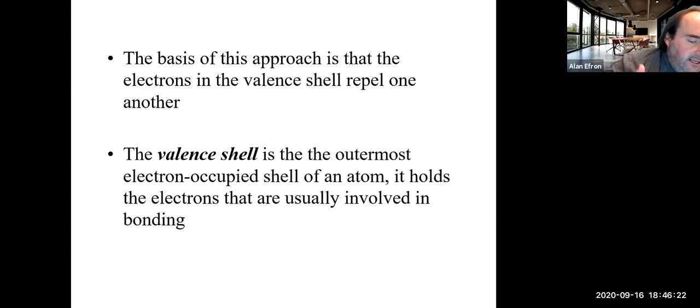The idea here is that based on the number of electrons and the type of electrons present, we may get some different geometries. Electrons are negatively charged, which means they really don't want to be near each other, but they have to be near each other in bonds. Depending on whether they're bonding or non-bonding electrons, they try to get as far away as possible, and they end up with different geometries.